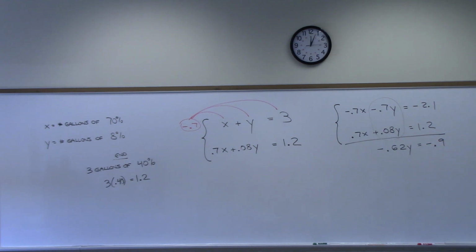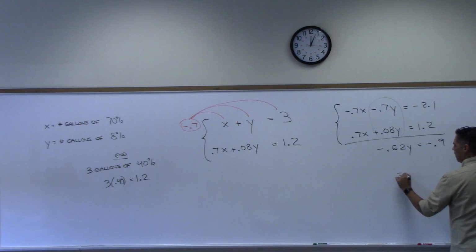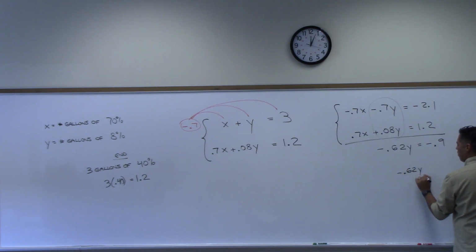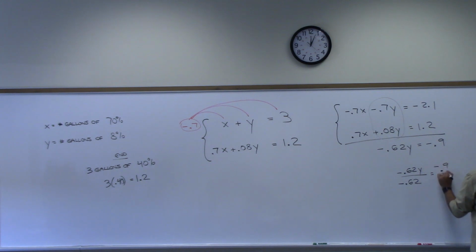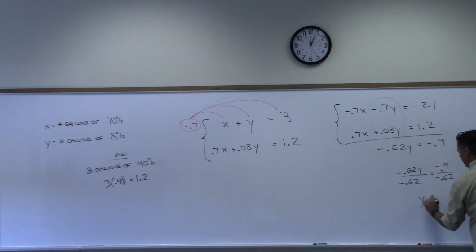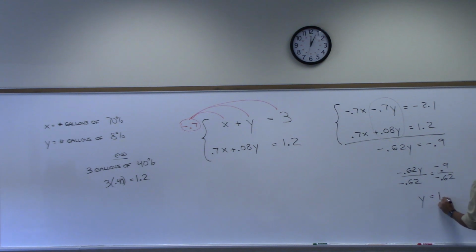And now you should divide both sides by negative 0.62. y is? What do you get? Oh, 1.45. Sorry, I thought I heard something. 1.45-ish? Y'all get that or no?